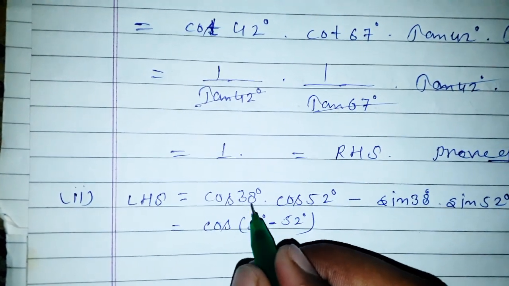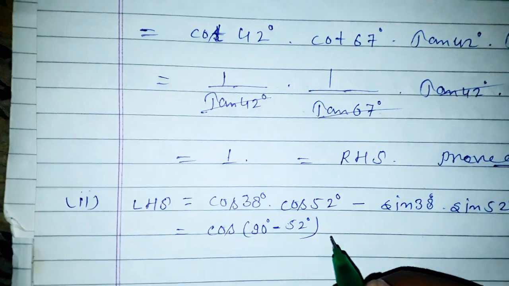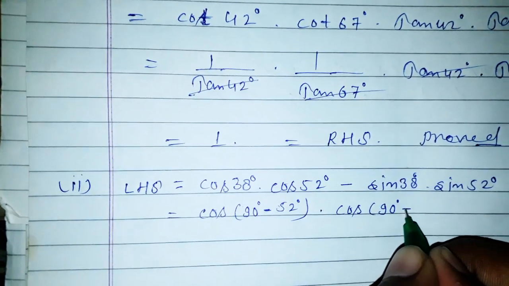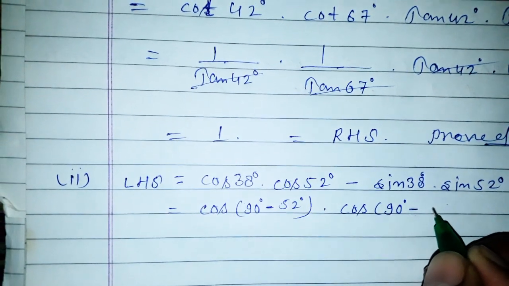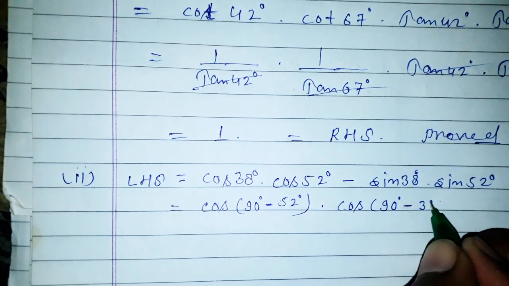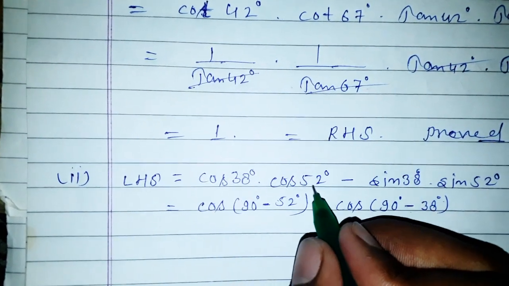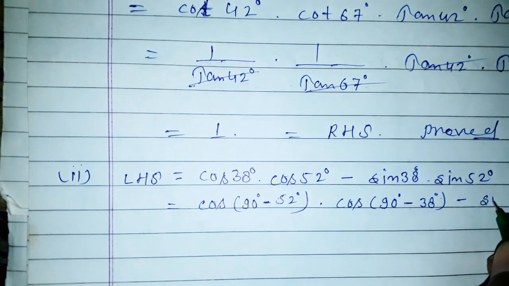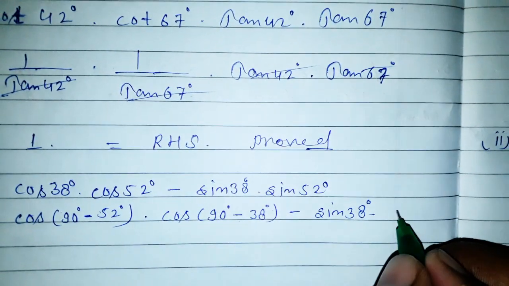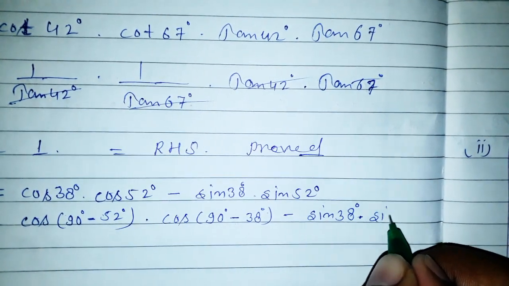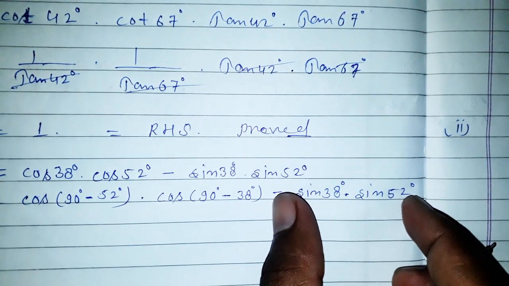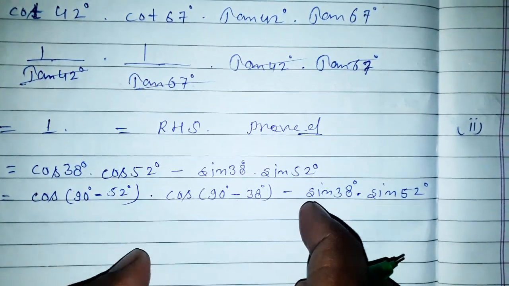So this is cos 38 into cos 90 minus 38 degree minus sin 38 degree into sin 52 degree. This value does not change, because this value changes, so the same values cancel out.